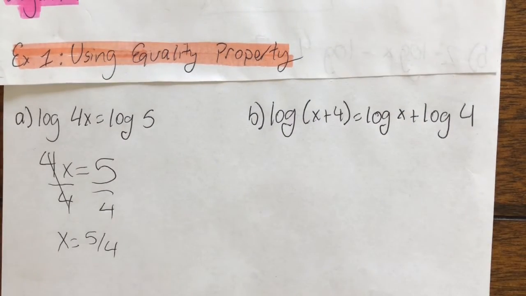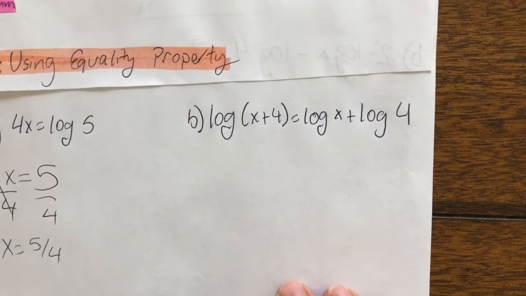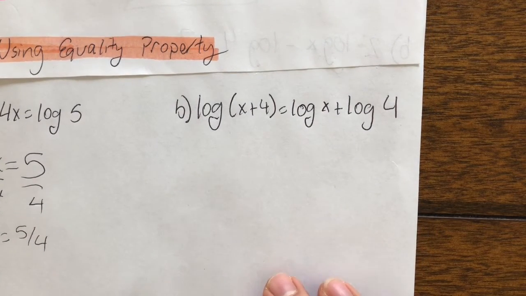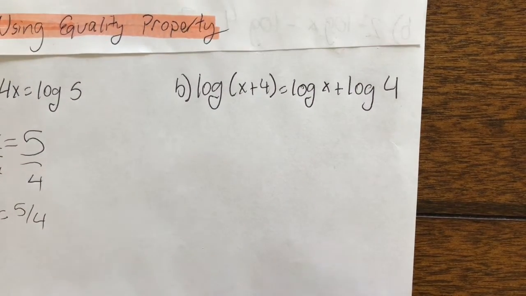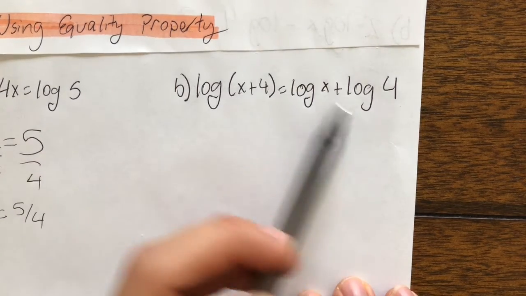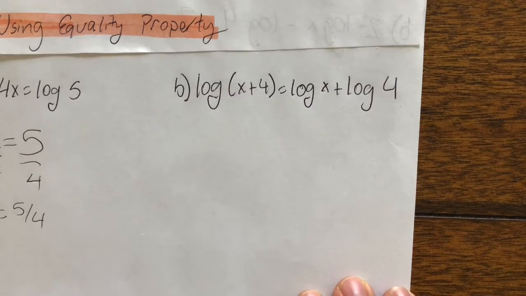All right, so let's take a look at part B. Now part B, we have log of x plus 4 equals log of x plus log of 4. Now this one we have 3 logs, especially over here we have 2 logs. This is where we recall we want to use the properties of logarithms to further condense these two and clean it all up.